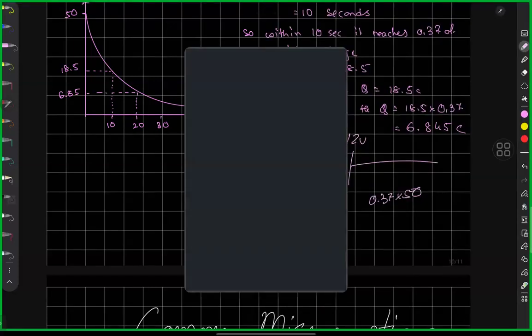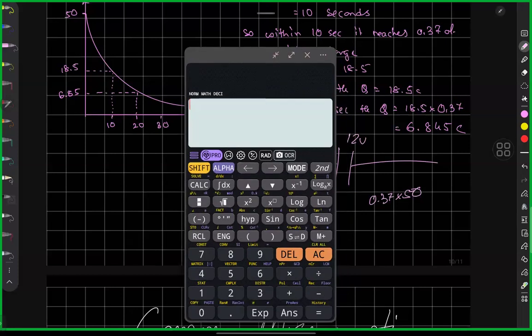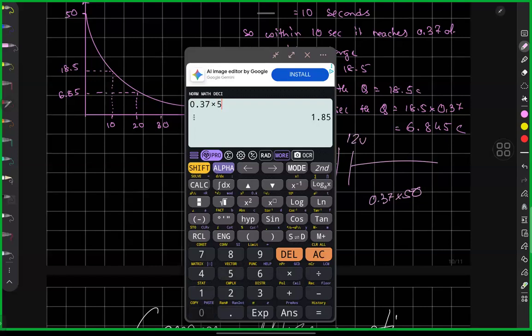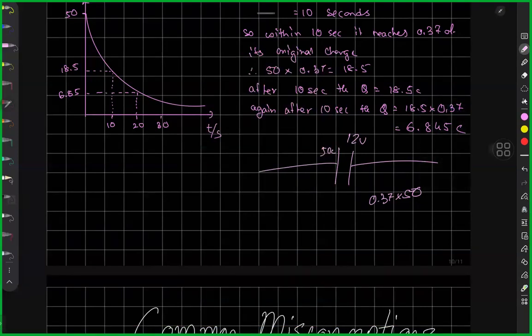Let's all do the calculation ourselves. 0.37 times 50 is 18.5. How long does it take for the capacitor to discharge to a total charge of 18.5? That is tau.